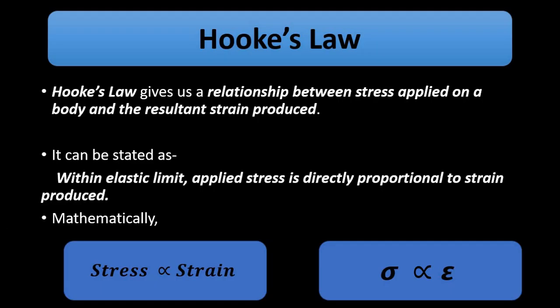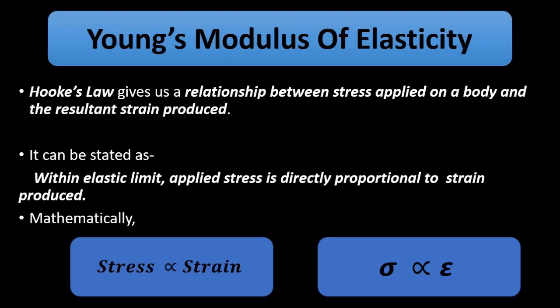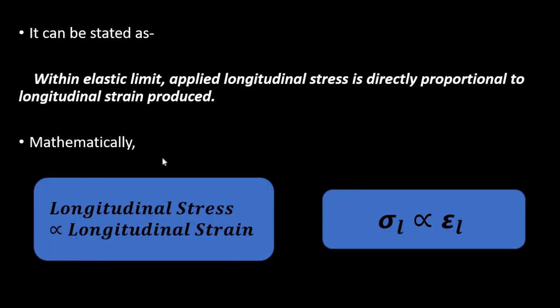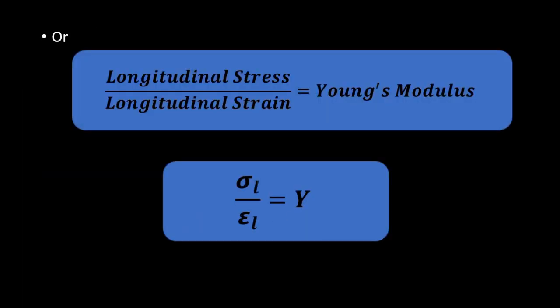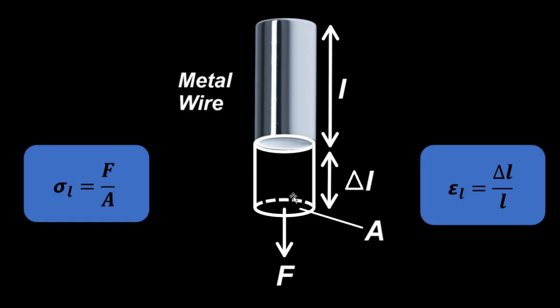So Young's modulus is basically the proportionality constant associated with length, one-dimensional change. So according to Young's modulus, within the elastic limit, longitudinal stress is directly proportional to longitudinal strain. So the ratio of longitudinal stress to longitudinal strain is called Young's modulus of elasticity. Okay, so this is basically Young's modulus.